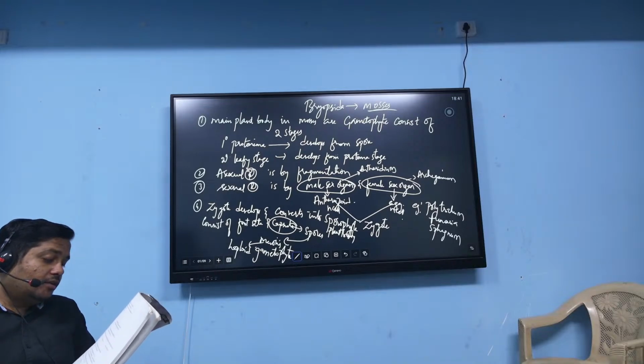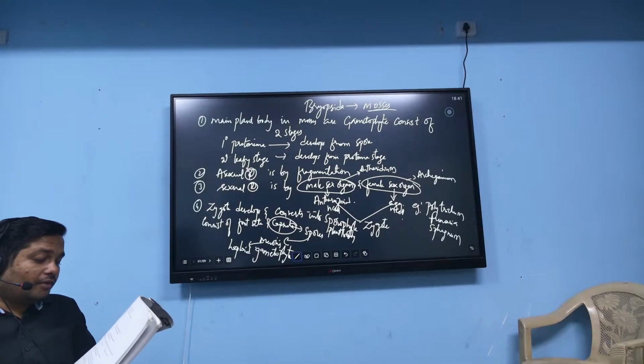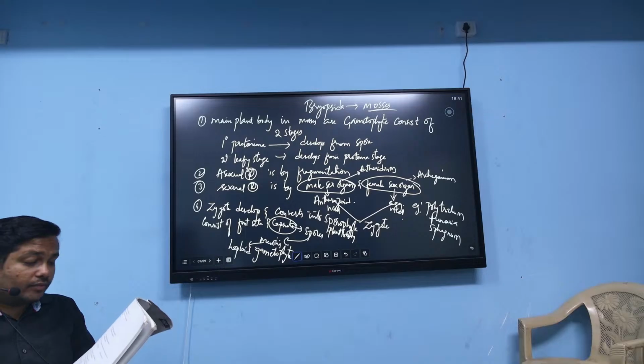Option D, thallus like plant body, lack of vascular tissues and presence of autotrophic nutrition.